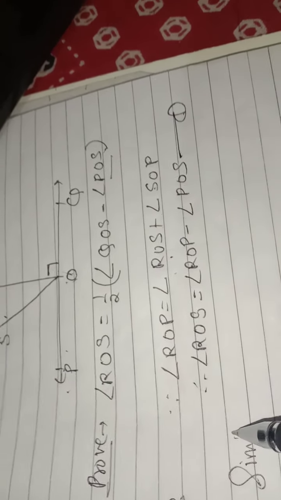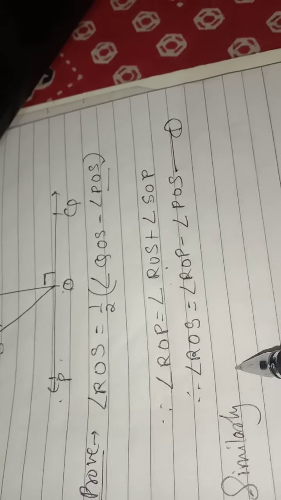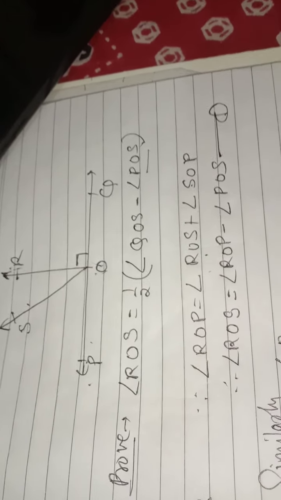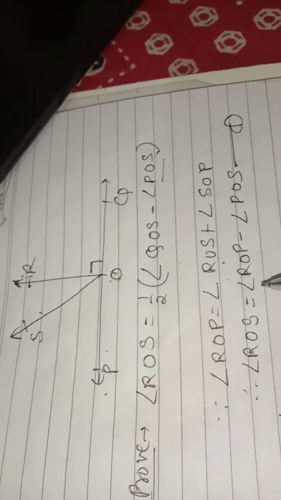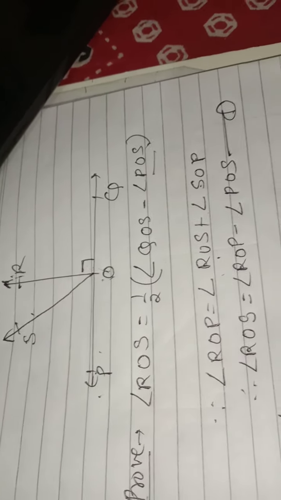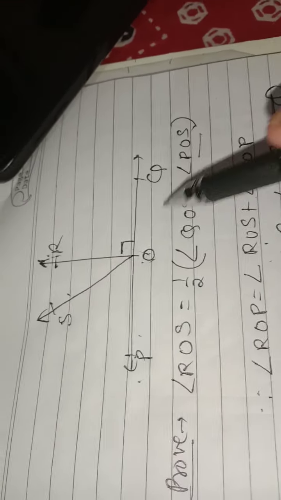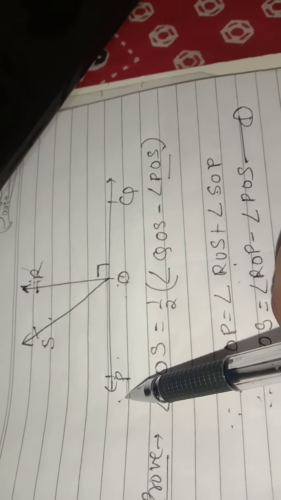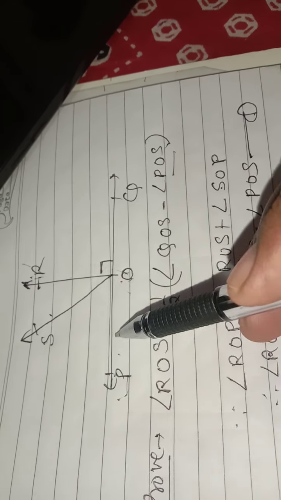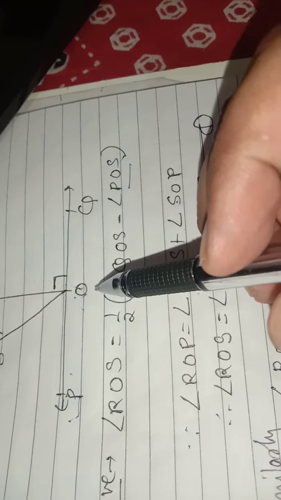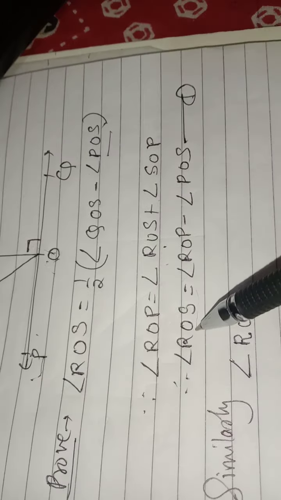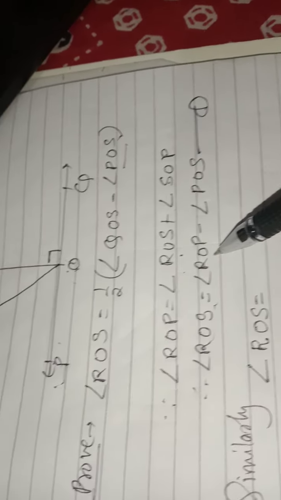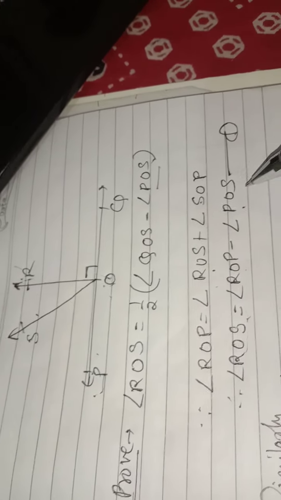Similarly, angle ROS is equal to ROP minus POS.